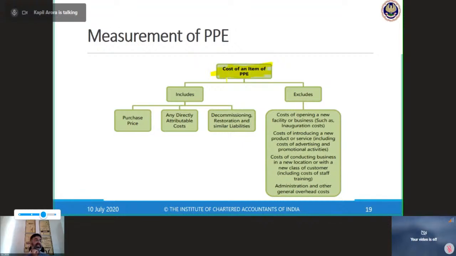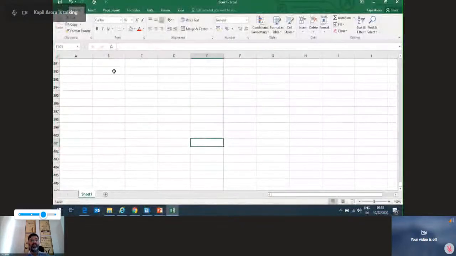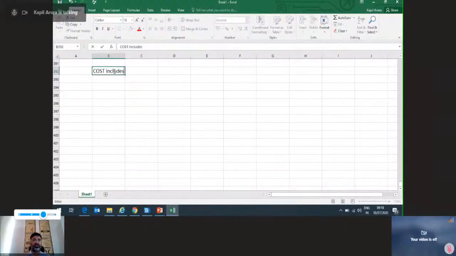What goes under the cost? If we understand that, it will be easy for us to define what all values should go there. So as I mentioned, cost includes purchase price minus any rebates, any discounts, right?